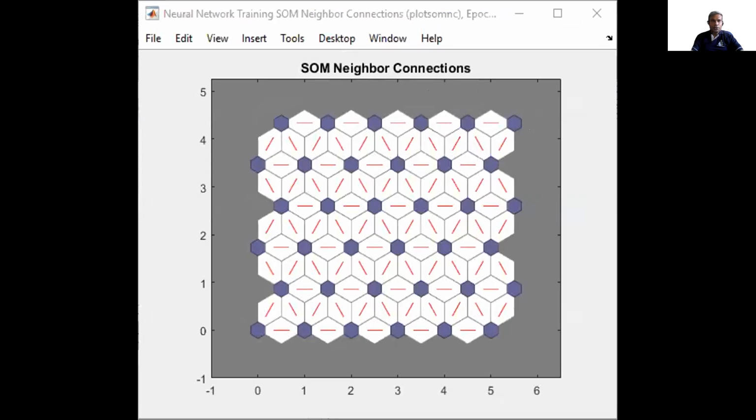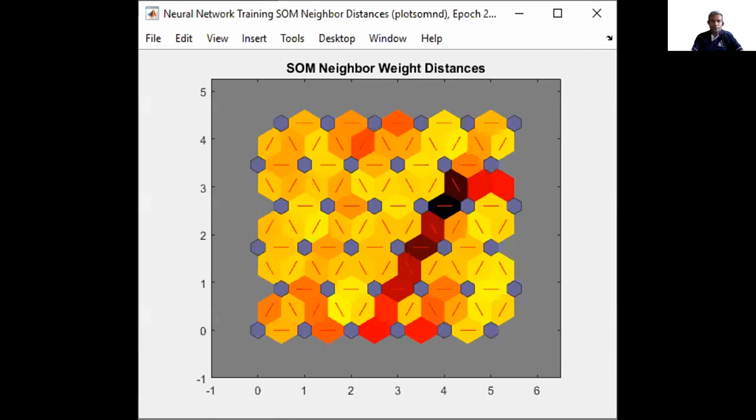Now let me show you the third graph. By pressing the third one, you can get the third one. This one is known as neighbor weight distances. So what does it mean? Now remember, it tries to map our sample data into different classes. So there are 36 possible places to put them.